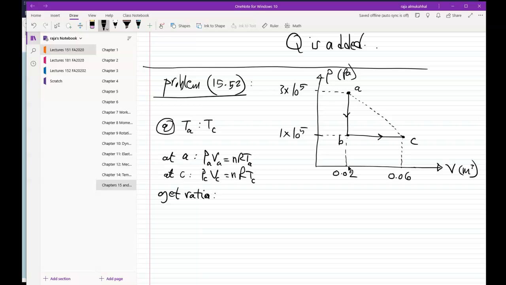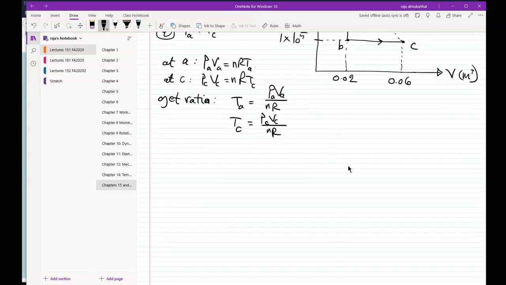To get the ratio, basically, let's say T sub C divided by T sub A, okay? So how do I do that? Well, before I do that, from both equations, let me solve for T sub C and T sub A. So T sub A is basically P sub A, V sub A over NR, and T sub C is equal to P sub C, V sub C over NR.